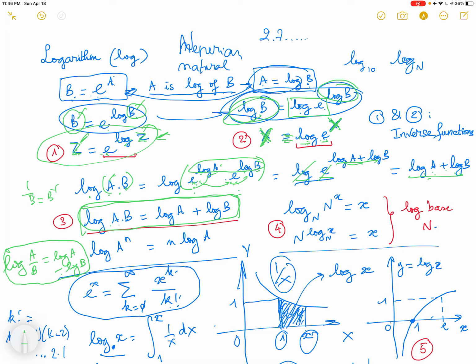Again, a raised to the n means a multiplied by itself n times, meaning you repeat these terms n times, so you have n times log a. So from number 3, we can derive log of a to the n equal to n times log a. Number 4.